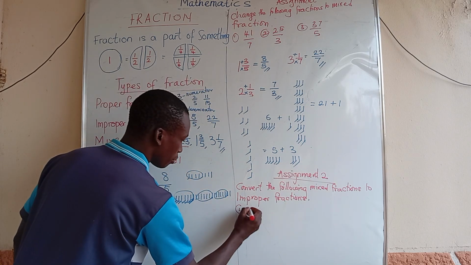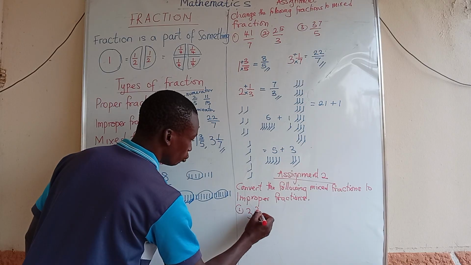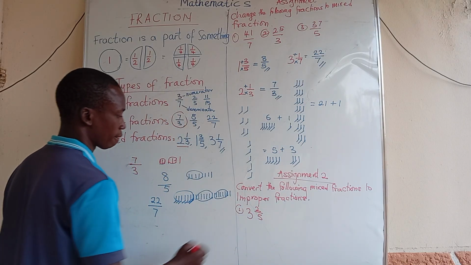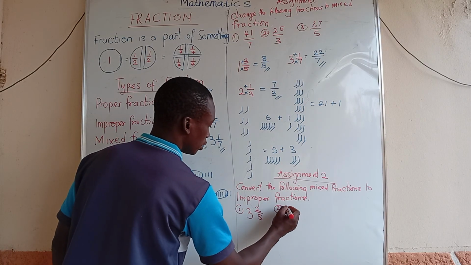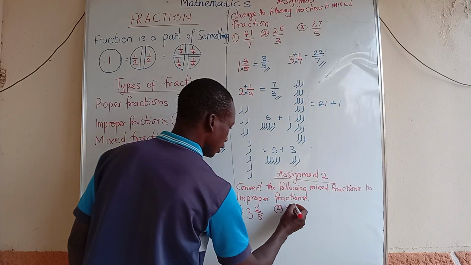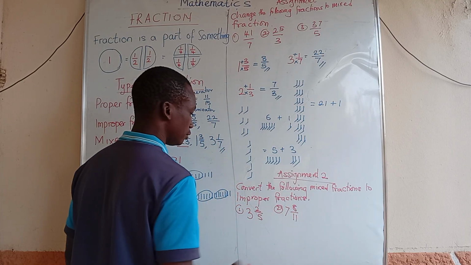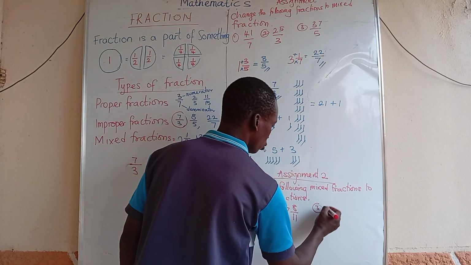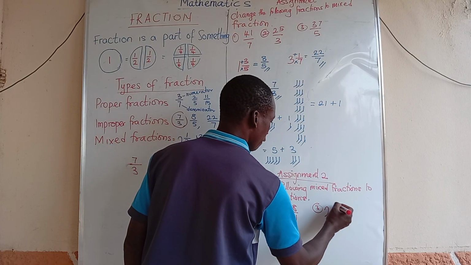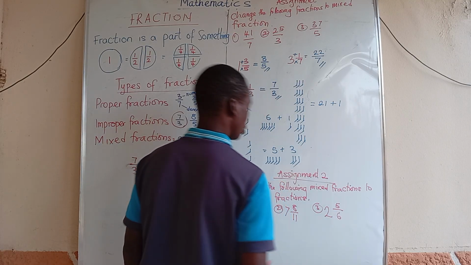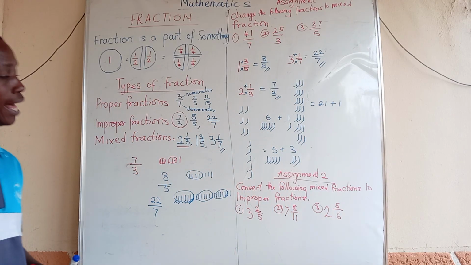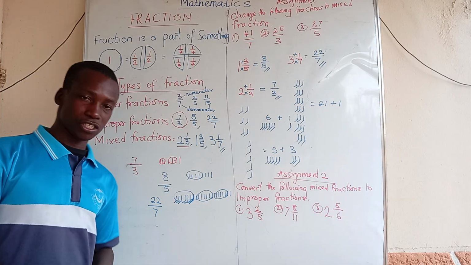Number 1, 3 whole number 2/5. Number 2, 7 whole number 8/11. Number 3, 2 whole number 5/6. So you can attempt this question.